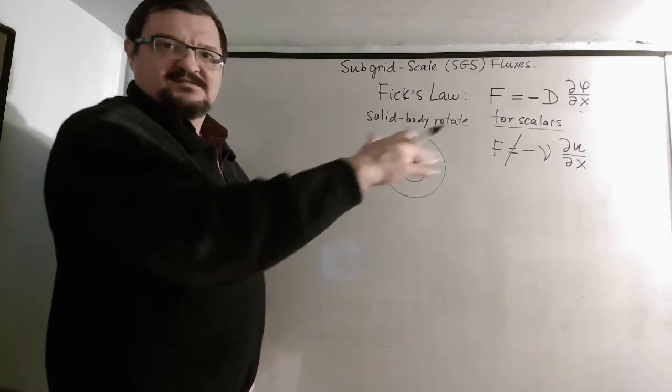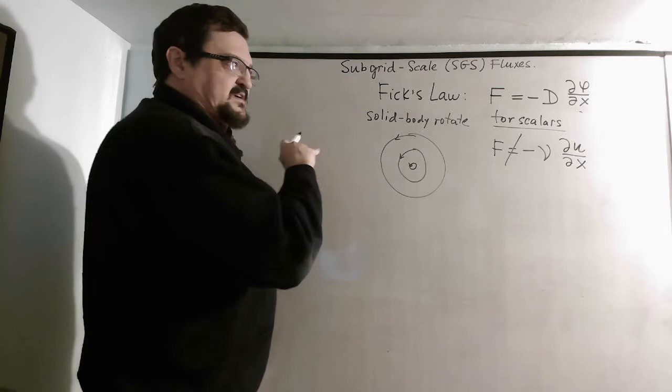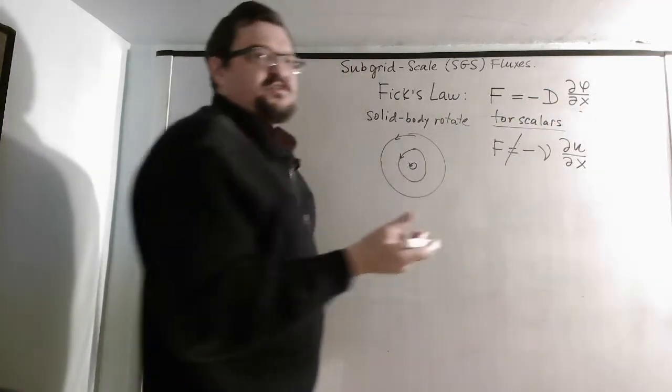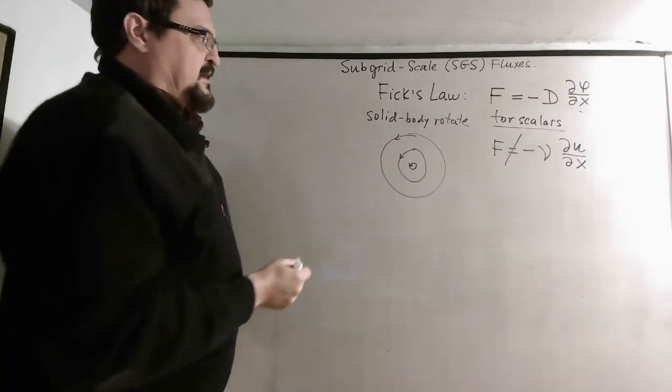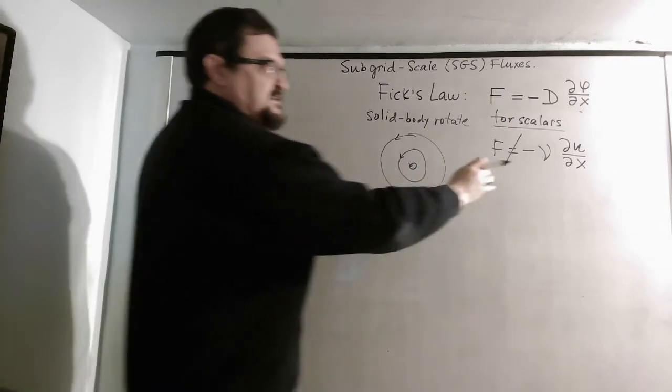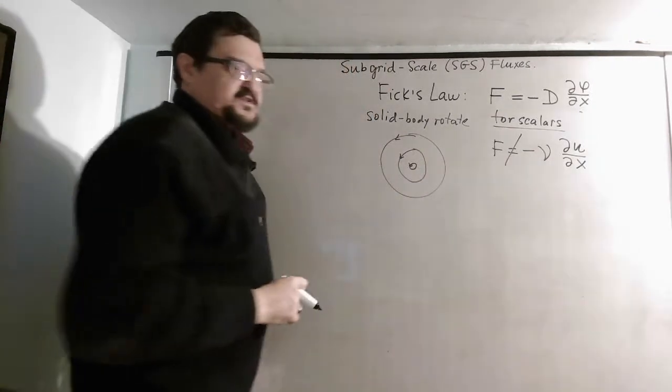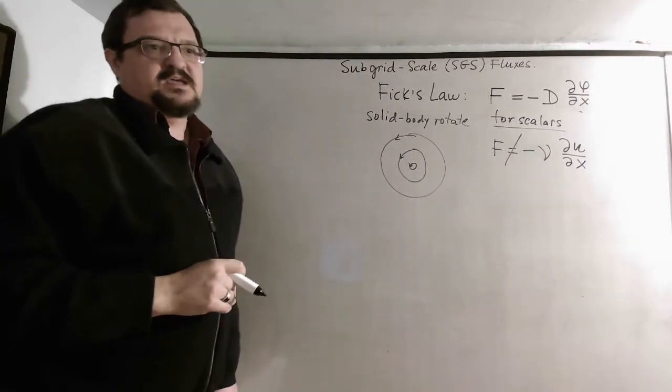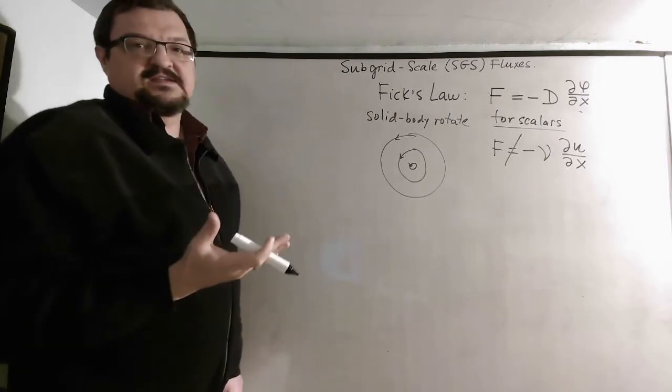When something is constant, dphi/dx should be 0. But for this case, this formula won't be equal to 0. There will be diffusion, so it's an error.